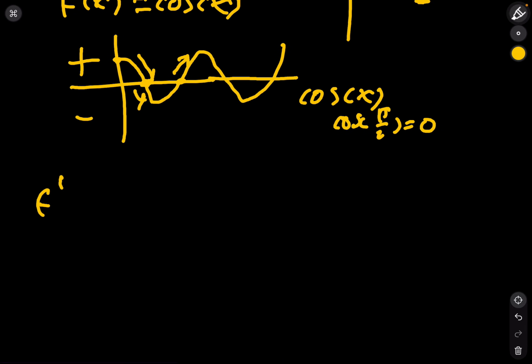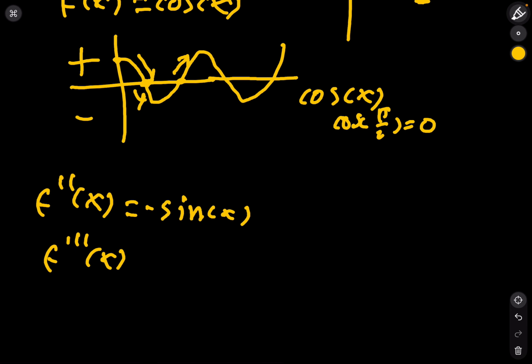The derivative of cosine of x is equal to negative sine of x. The derivative of negative sine of x is equal to negative cosine of x. The derivative of negative cosine of x is equal to sine of x.